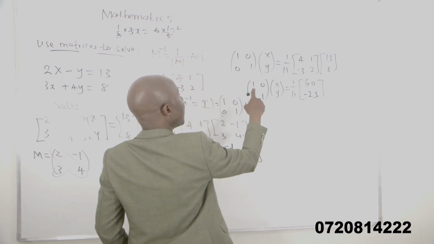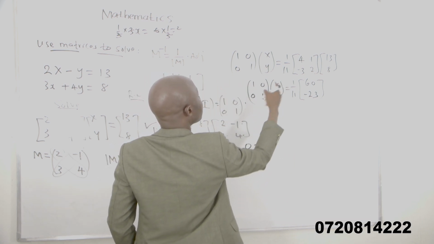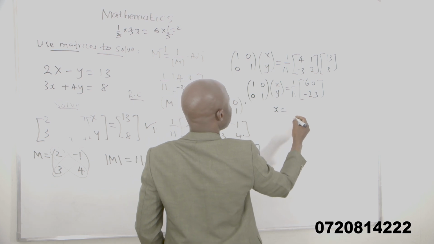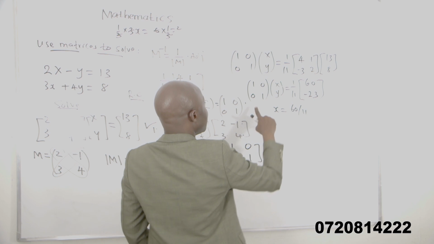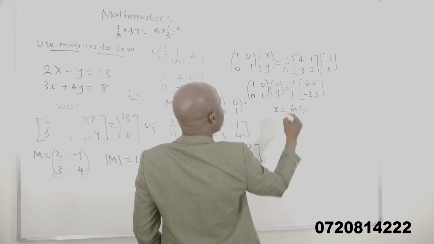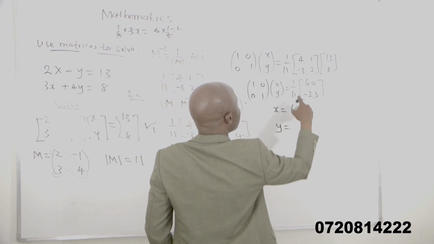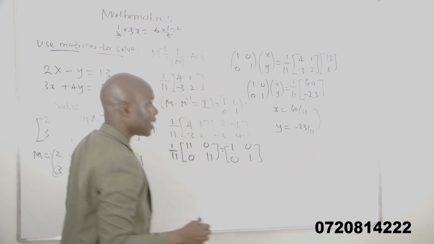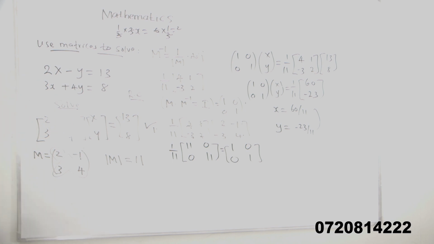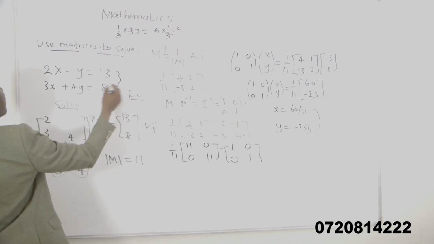Then you say 1 times x plus 0 times y, so x equals 1 over 11 times 60, which is 60 over 11. 0 times x plus 1 times y is y, which is 1 over 11 times negative 23, which is negative 23 over 11. So that now is the solution to this particular system.